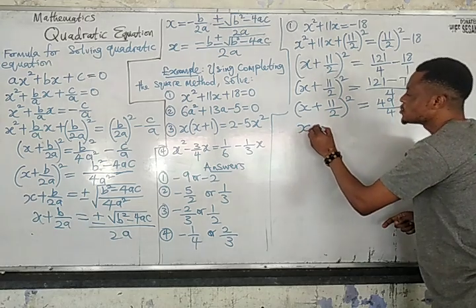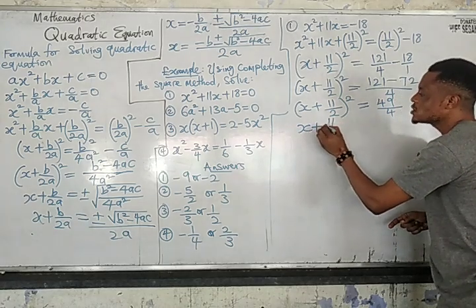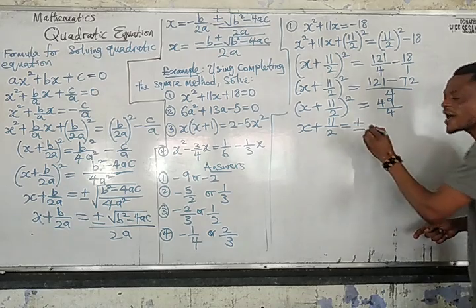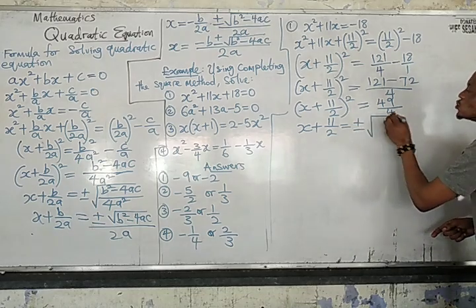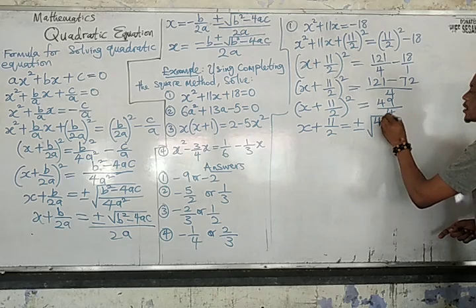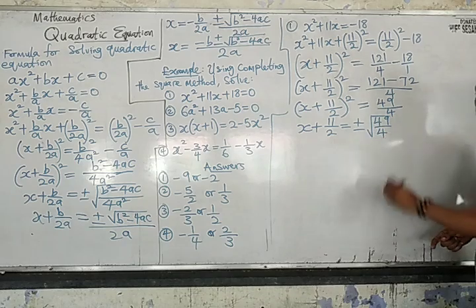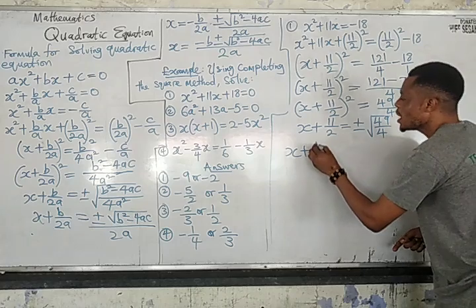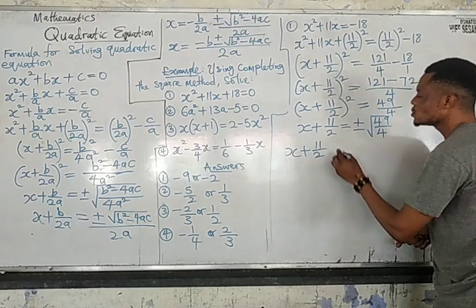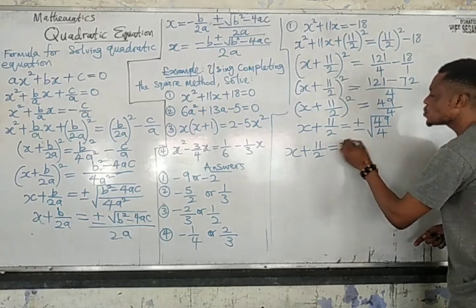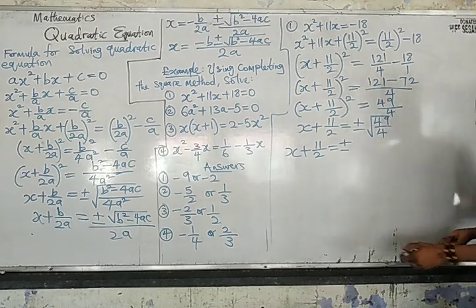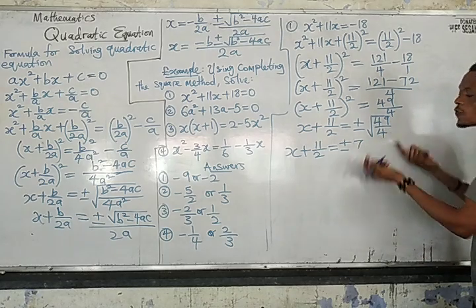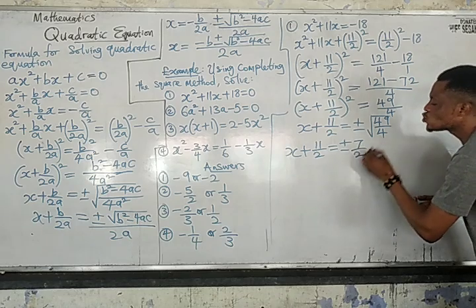So that gives us x plus 11 all over 2 equal to plus or minus square root of 49 all over 4. So x plus 11 all over 2 equal to plus or minus the square root of 49 is 7 and the square root of 4 is 2.